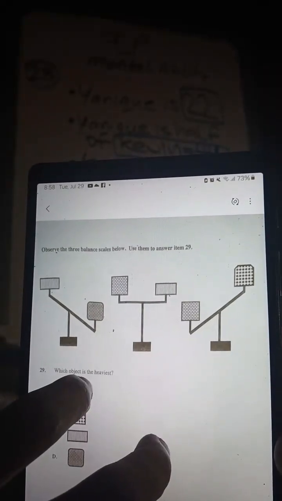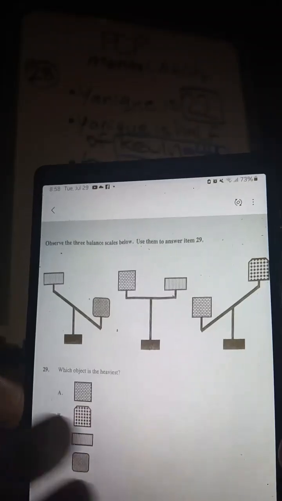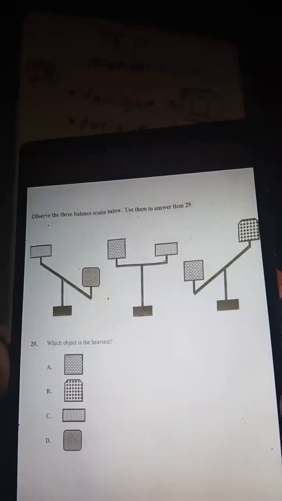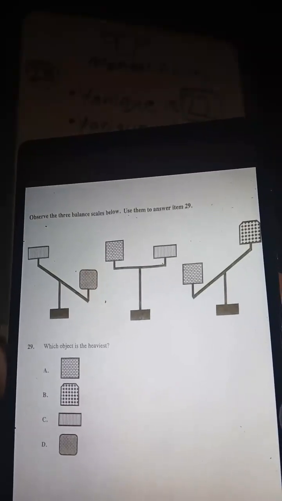I don't want it to be too large. Alright, so what they're saying is this is heavier than that. These are exactly the same, and this is heavier than that. So they want to know which object is the heaviest.